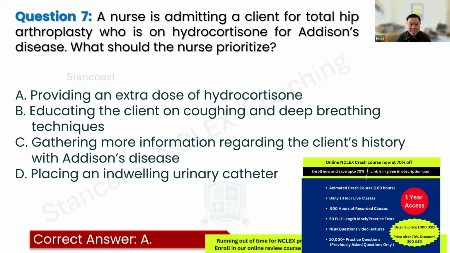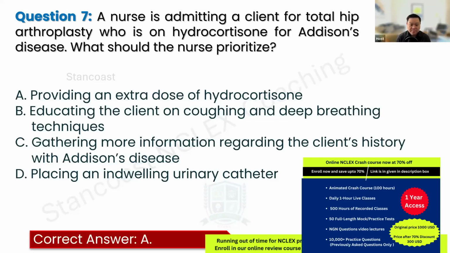Well, if you are admitting this patient, you really need to review their medical history and identify their need for steroid coverage during surgery, and that's going to require an extra dose given the client's history of adrenal crisis.